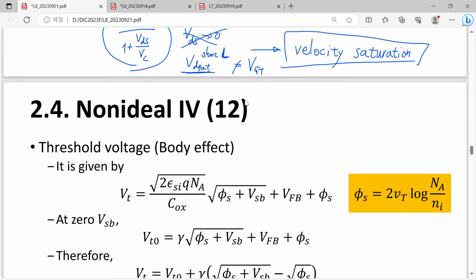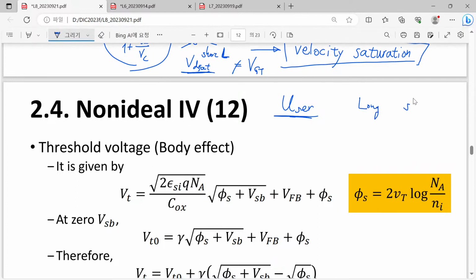So now think about this case. We have studied quite a lot about characteristics, but as a user of this device, which one looks better, short or long? Assume that you are always placing your device in the saturation region.